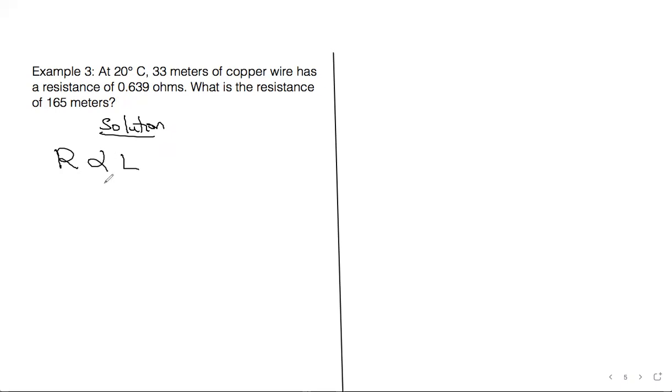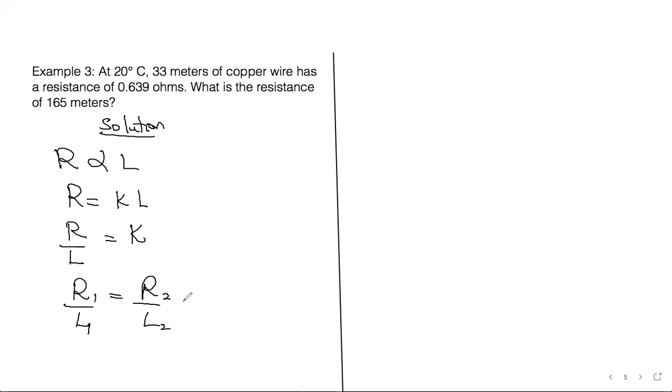Now to remove this sign of proportionality, I can introduce a constant, K. R is KL, so K is R over L. So R over L is a constant, which means R1 over L1 for the first case must be equal to R2 over L2 for the second case.